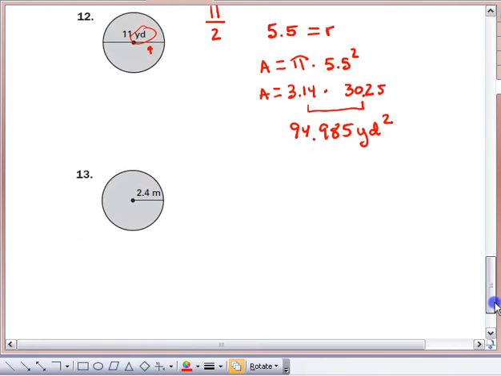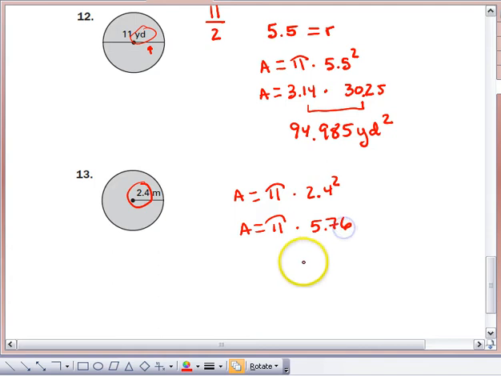Let's do one more. The radius here is 2.4. So area equals pi times 2.4 squared. Remember, I have to do my squaring first. So I'm going to get area equals pi times 5.76.